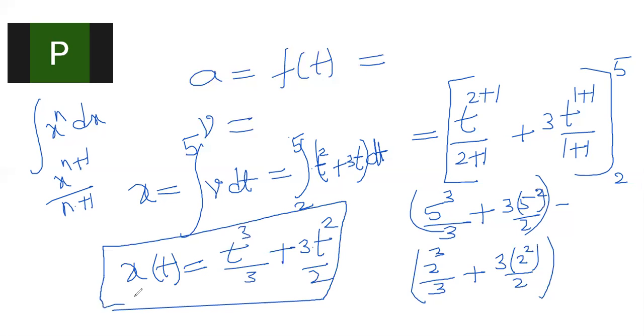So what did we finally conclude? That acceleration as a function of time, then velocity will become quadratic and displacement will become cubic. It's a cubic function, is it or not? It's a function of t cube existing there. Is it understood, both of you?